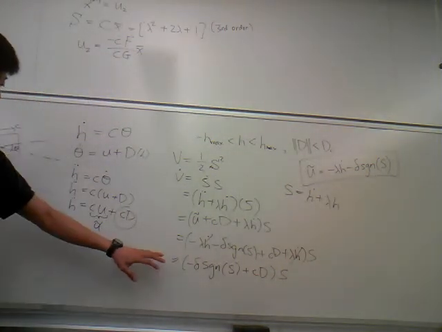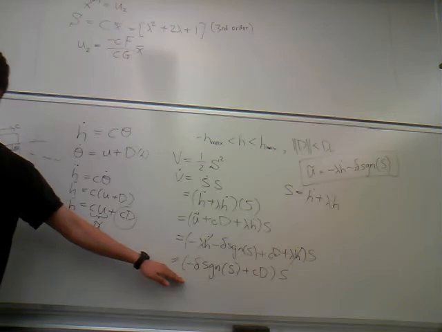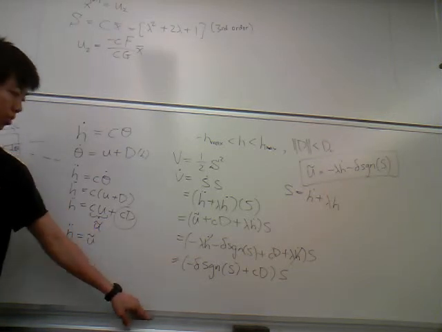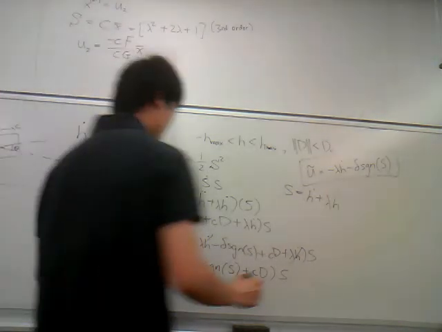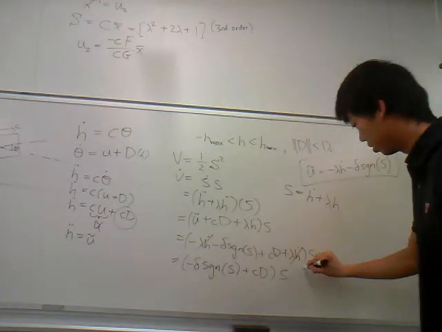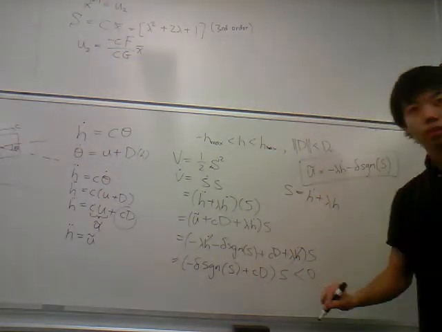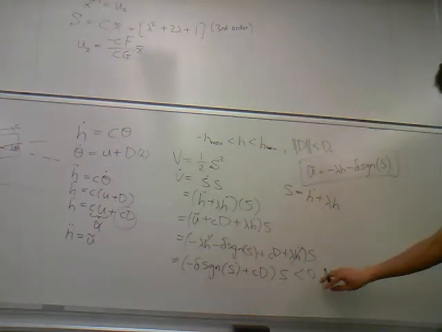So what do we want this to be? We want our V dot to be less than 0, to prove it's stable.